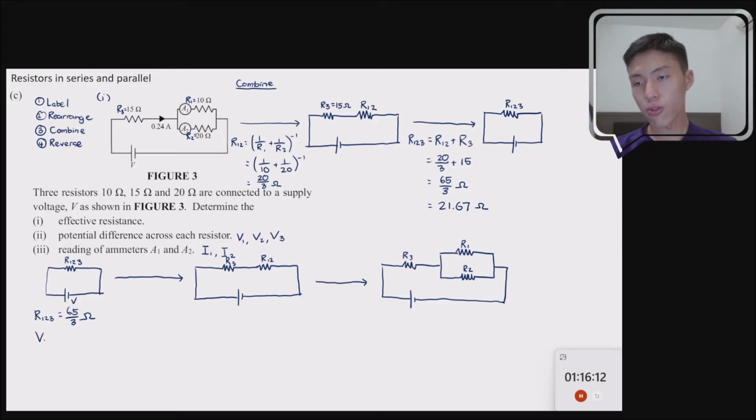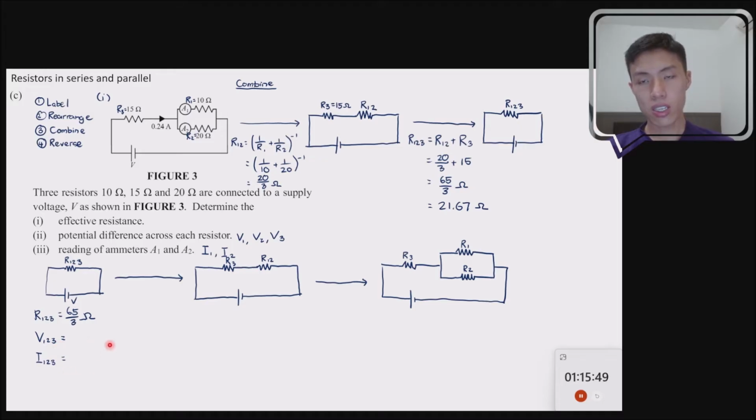They don't let us know the voltage over here, so we just leave it blank. Because we don't have the voltage, I don't think we can find the current either. Current can be obtained by using V over R, but because we don't have V, we cannot find I. So technically we have missing information over here, but don't worry, just move on to the next diagram.